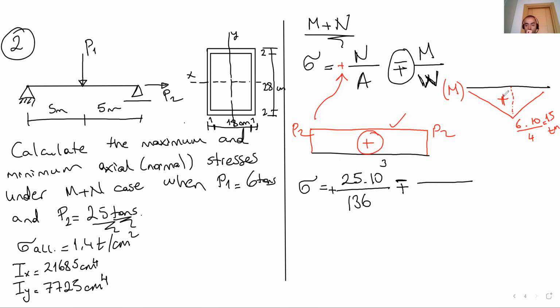It's positive. Let's write the 15 here, 15 ton meter. Convert it to kilogram centimeter with 10 power 5 over Ix, times y, the distance to the top or bottom end.